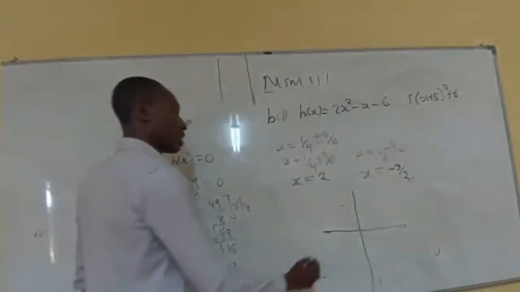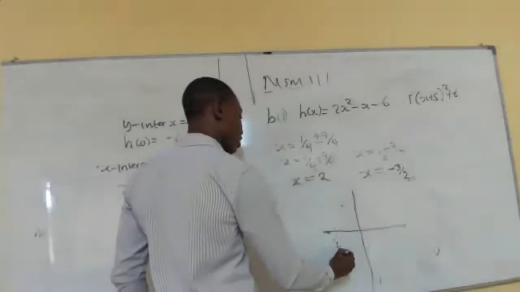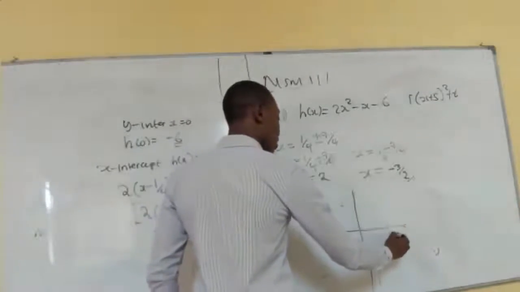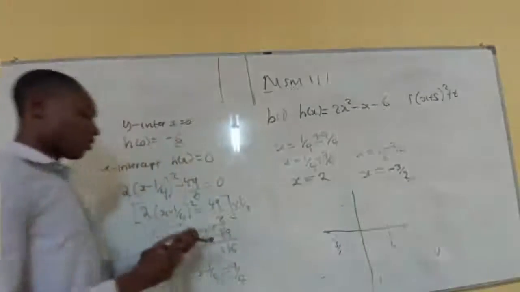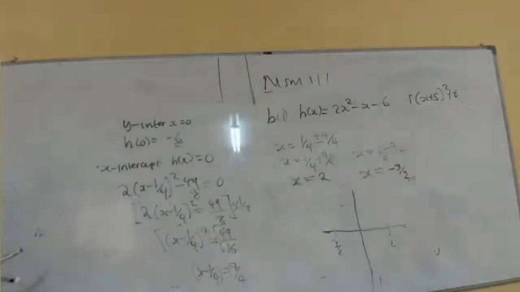Okay, so intercepts, we have negative 3 over 2, we have 2 here. Now, of course, we did not check whether it's a maximum or a minimum turning point.